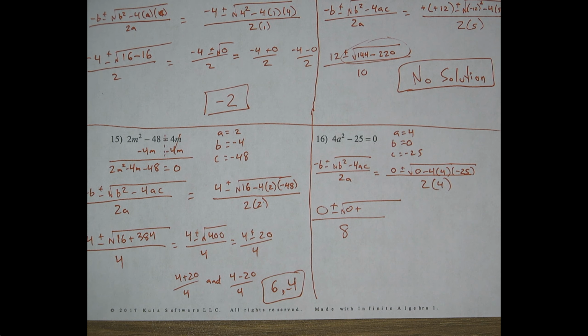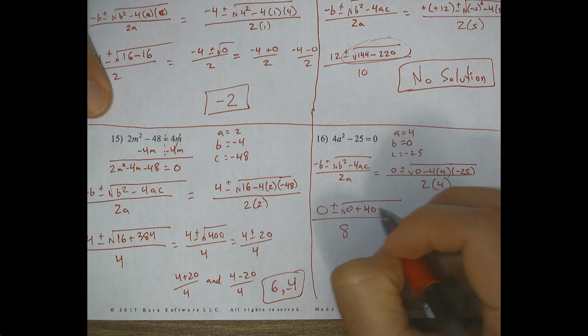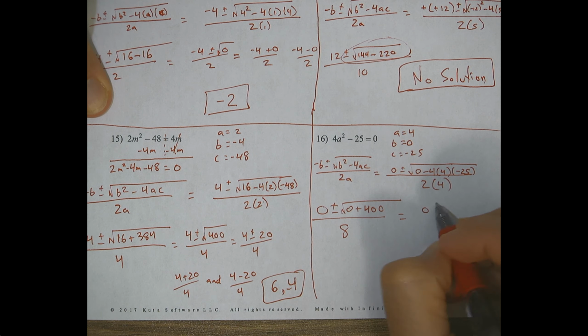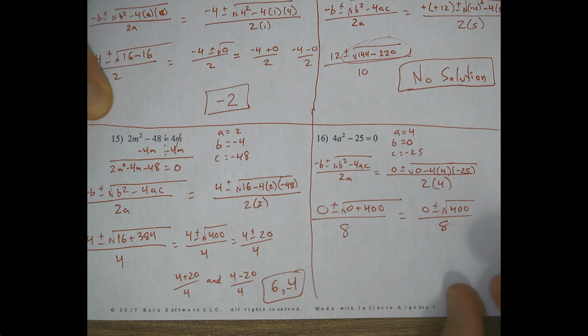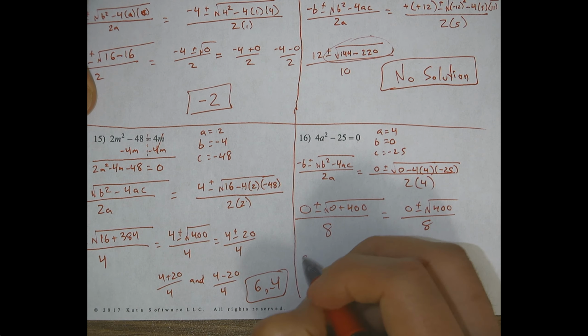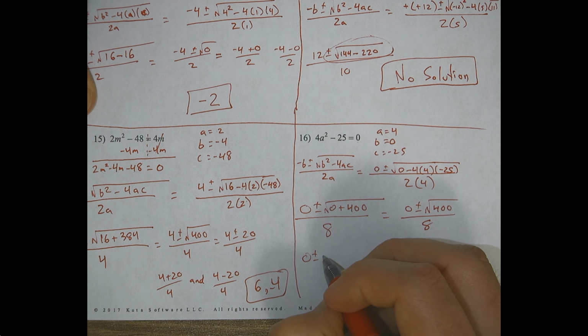So 4 times 25 is 400. So this is 0 plus or minus the square root of 400 over 8, which we just talked about. The square root of 400 is 20.